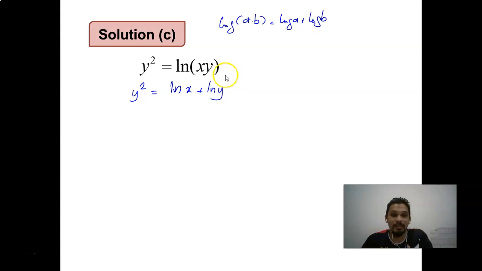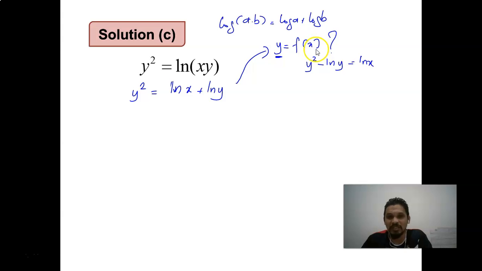Just imagine, can we write this in the form of y equals f(x)? If we bring log y to the left side, it becomes y squared minus natural log of y equals natural log of x. So how do we factorize until we get a single term of y equals f(x)?